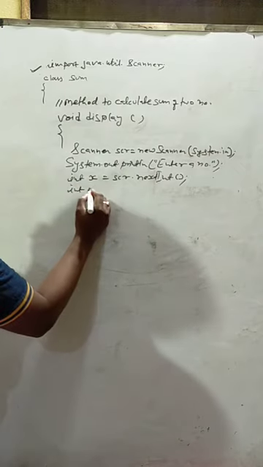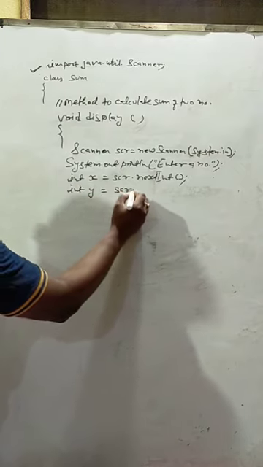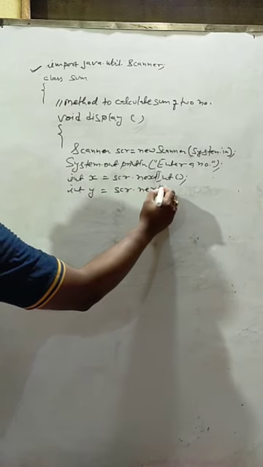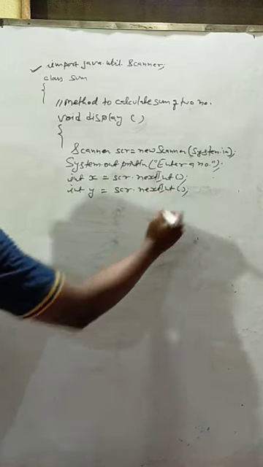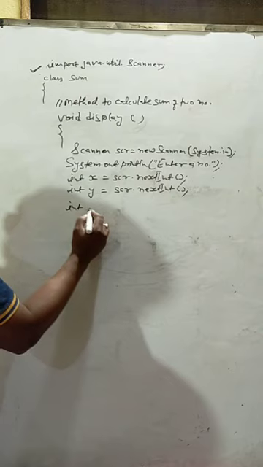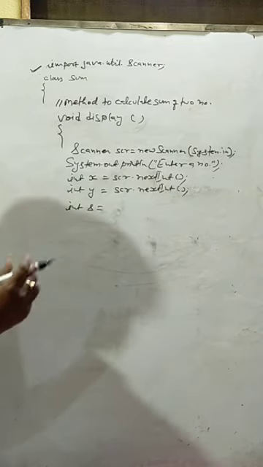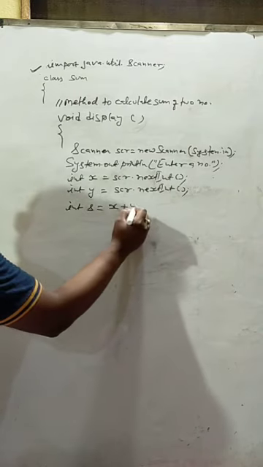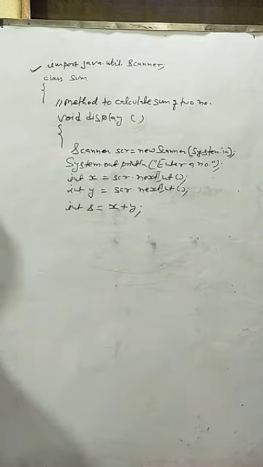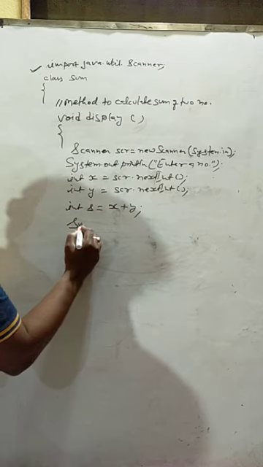The second number is stored in y, similarly scr.nextInt. Now, since we have to calculate the sum, we need a variable to store the result, that is x plus y: s equal to x plus y. The sum is stored in variable s. We will print s.